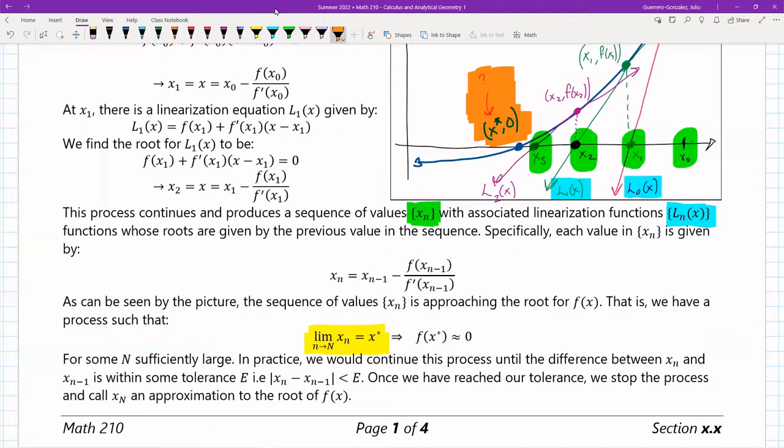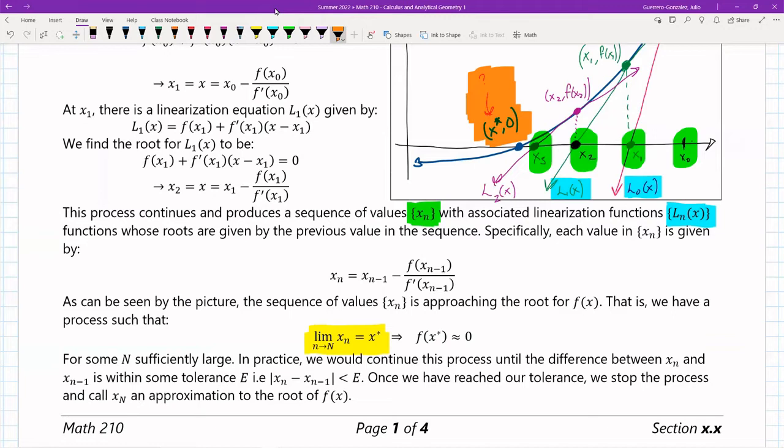And so in practice, when we do this iterative process, we're going to keep doing these steps until we get to a solution. The most common way of determining whether we're close enough is our tolerance: the gap between two x values, x sub n and x sub n minus 1, the value and the one before it.